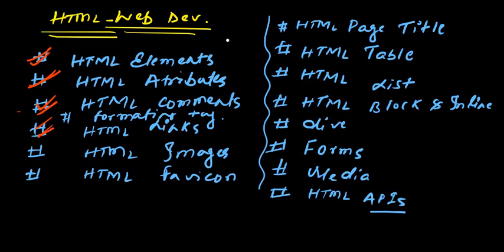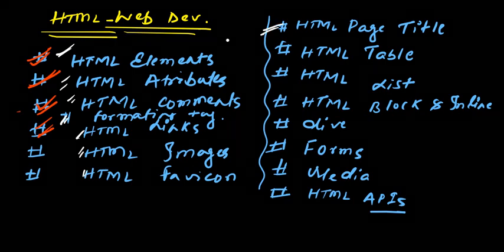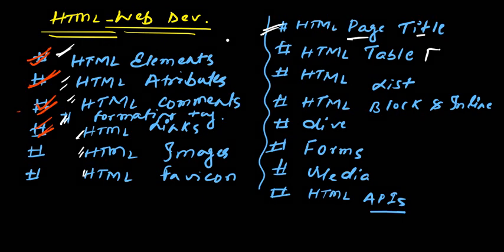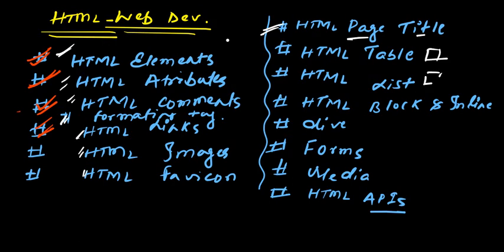We studied what an element is, what an attribute is, and HTML comment, formatting tag, link tag, HTML image, and favicons. And also we covered the page title, and today we will cover the HTML table, list, right, and media.